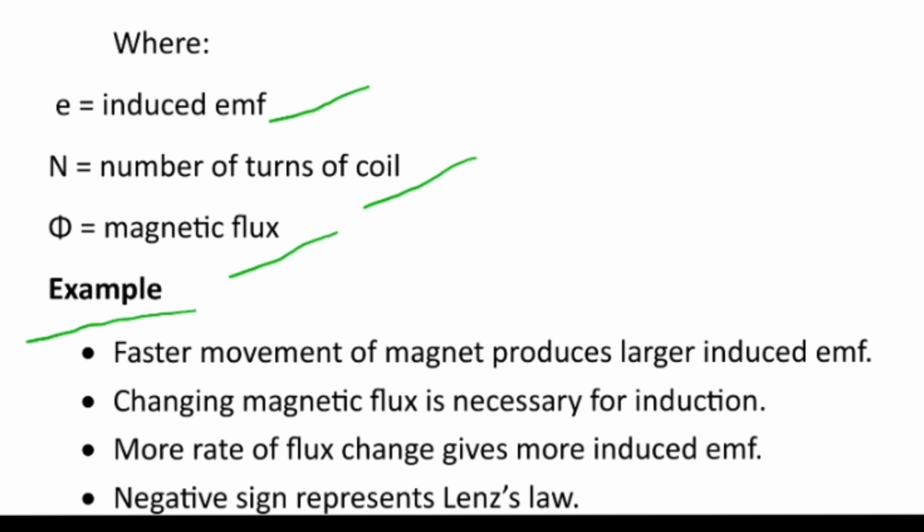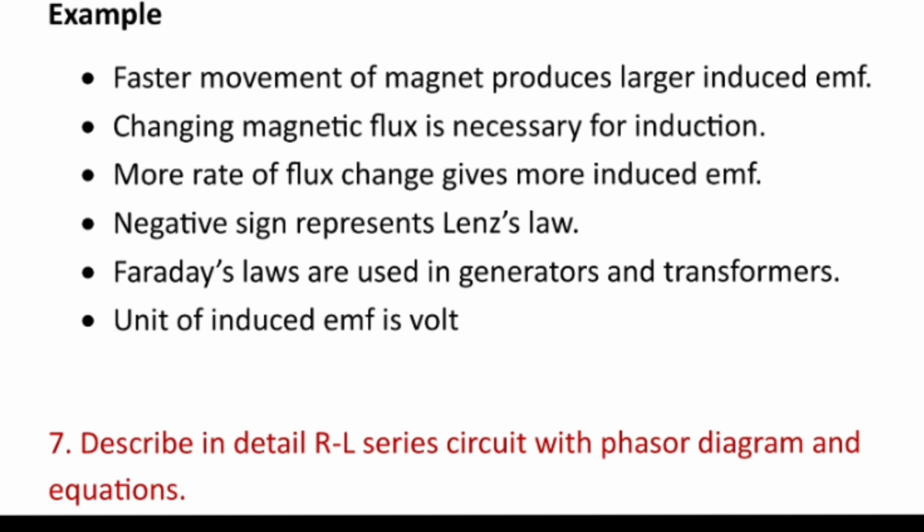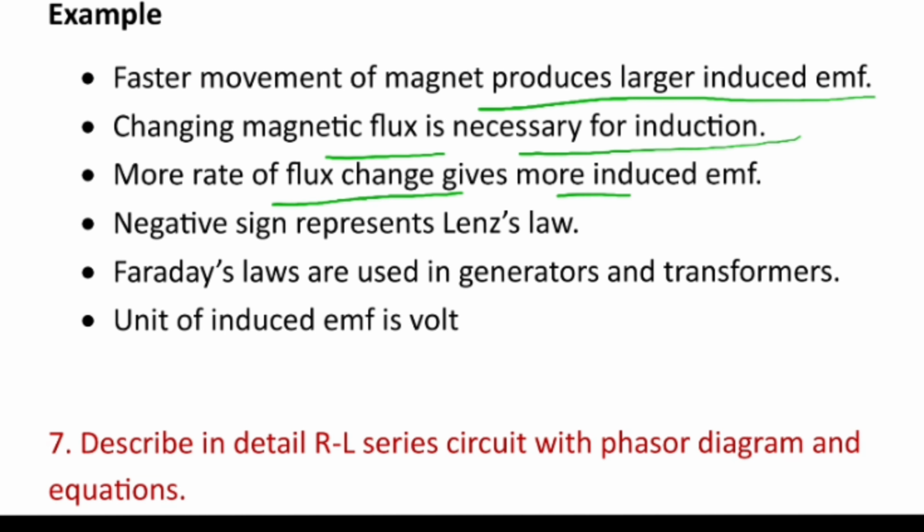Example: fast movement of the magnet produces a large induced EMF. Changing magnetic flux is necessary for induction. The more the rate of flux change, the more the induced EMF. The negative sign represents Lenz's law. Faraday's laws are used in generators and transformers. Unit of induced EMF is volt.